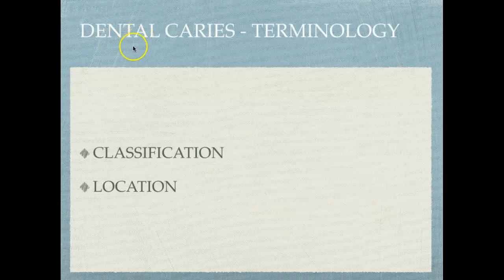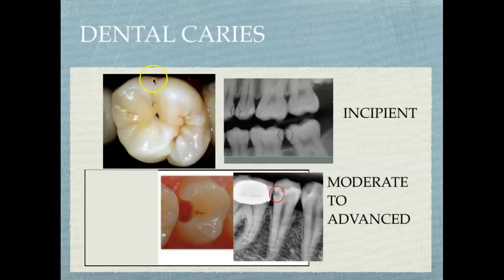First, some dental caries terminology. So dental caries are either classified or sometimes they use the word categorized by the level or the depth of the dental caries, and also by location, which has to do with the tooth surfaces.